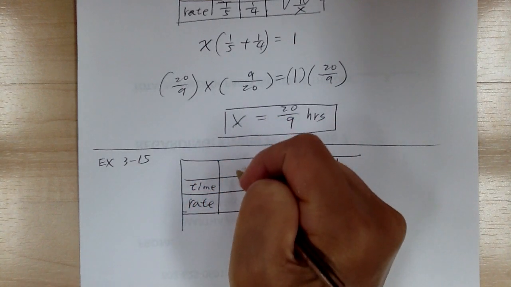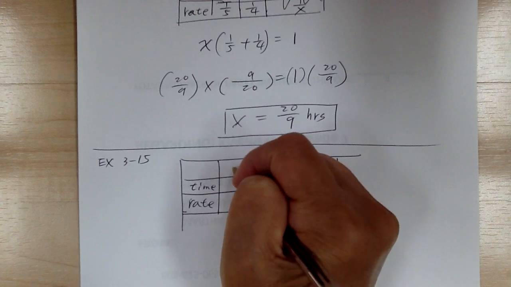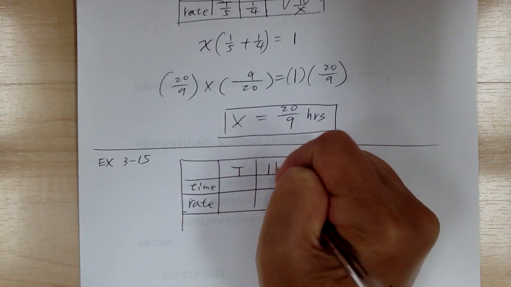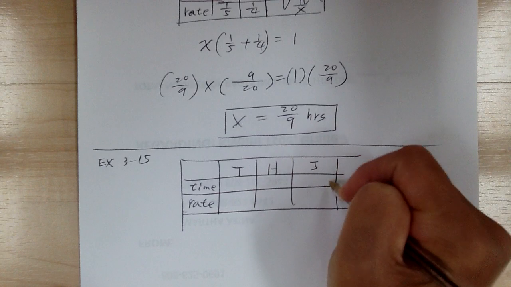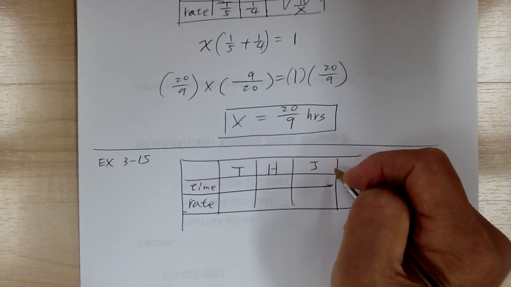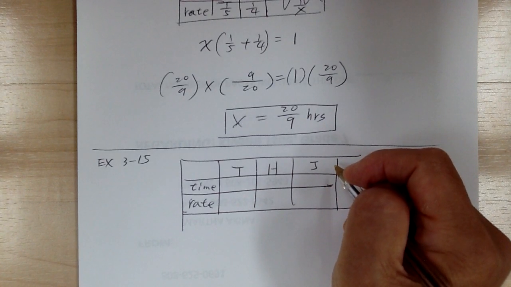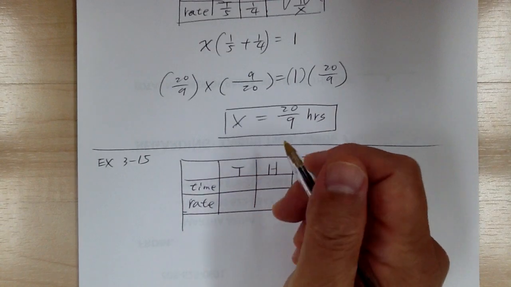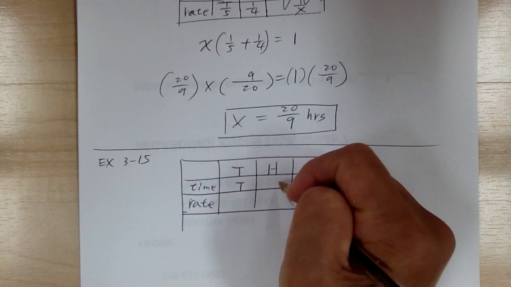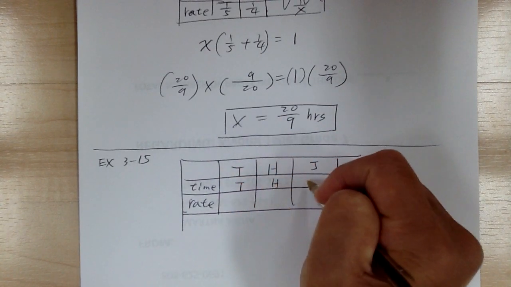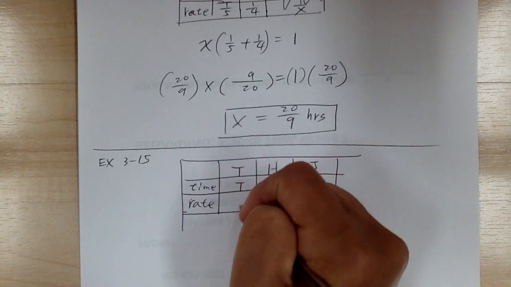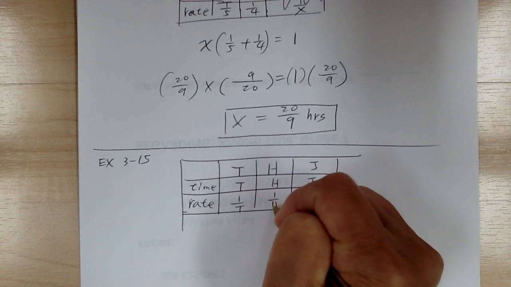So you got 3 people: you have Huck, and Jim. For this one, they didn't give you the time, so you just use a variable, T, and you have H, and J. So the rate would be 1/T, 1/H, 1/J.